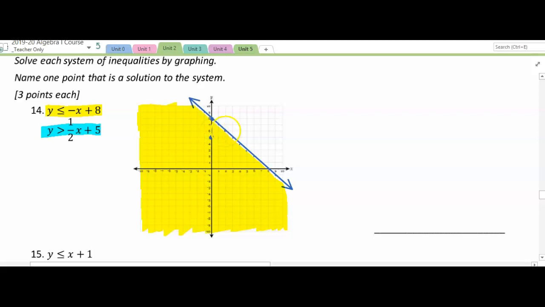I'm going to go up 1, right 2. Connect them with a line as accurately as possible. Notice that it's dashed because it's strictly greater than, so I need to go back to my line and make it a dashed line.